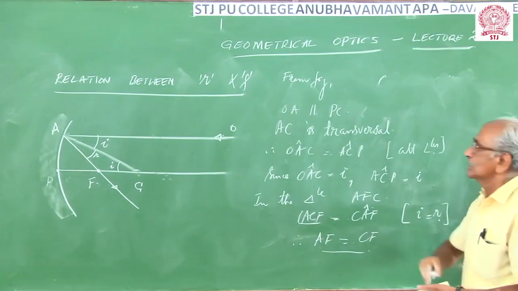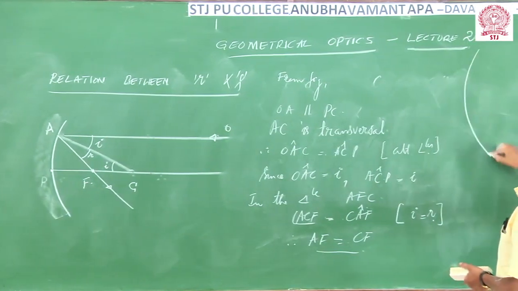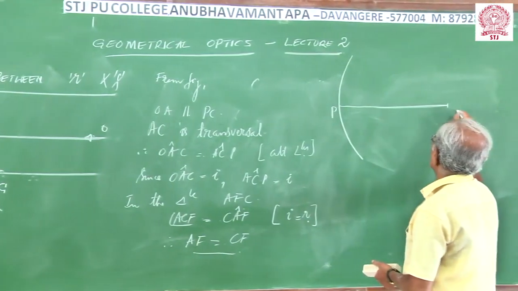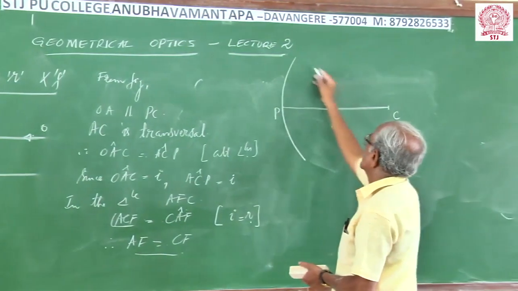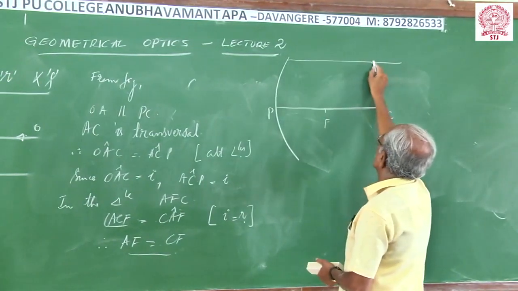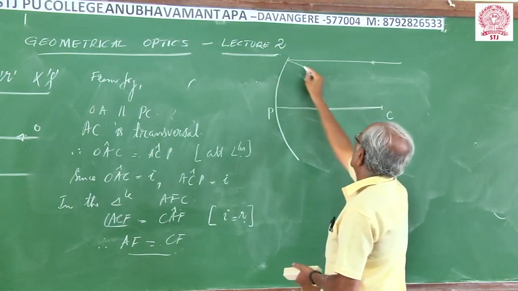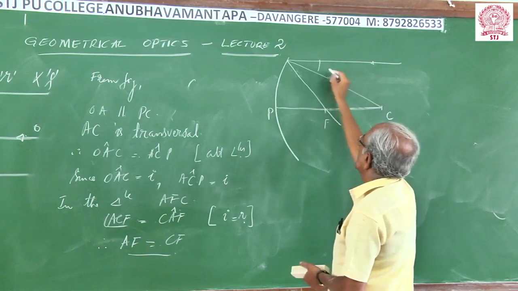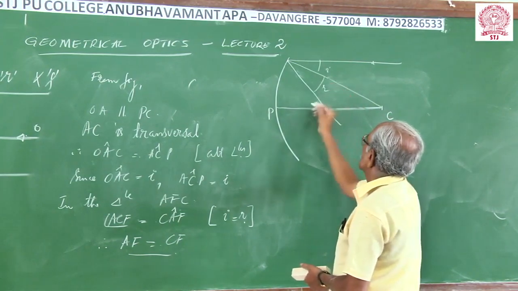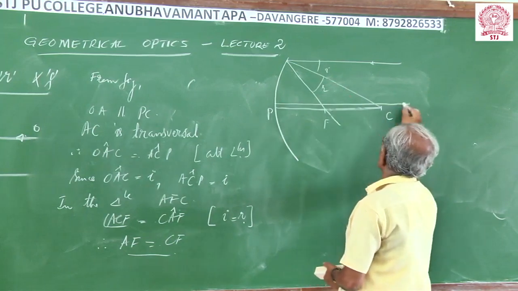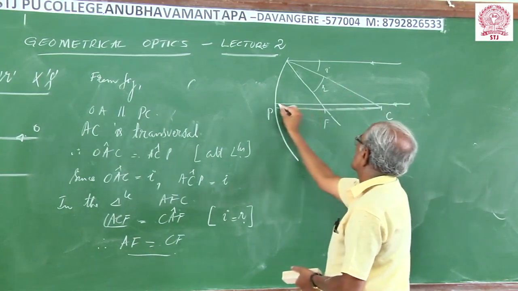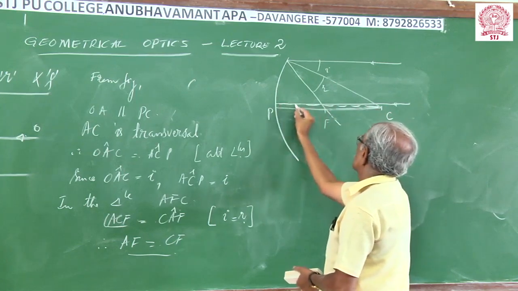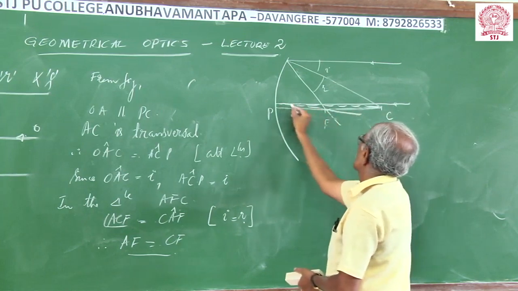Now make an assumption here. If I take a mirror with P, C, and consider this ray, this is the normal, this is I, R. If I take a ray very close to this, this is the normal, and this is the reflected ray.